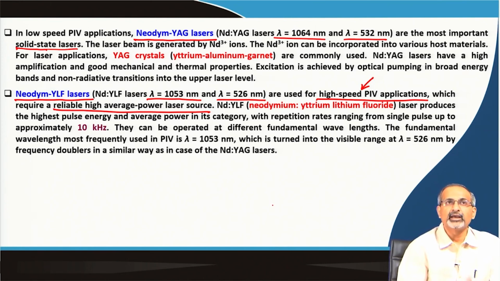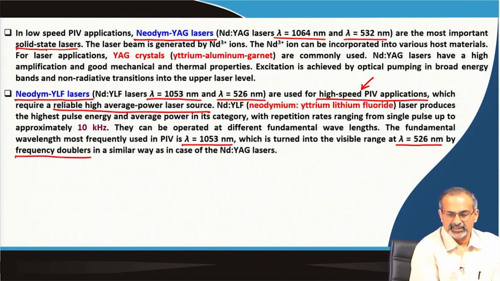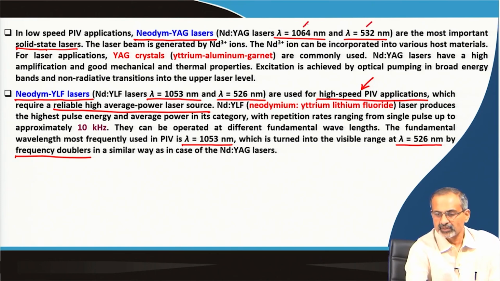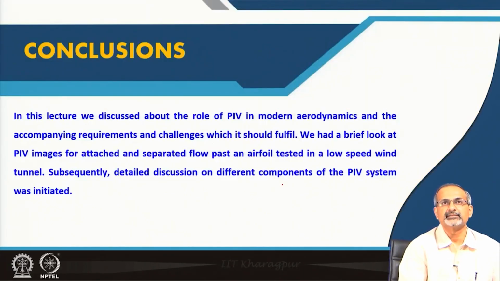Therefore, the rates are way higher than what you can normally see from Nd YAG lasers. They can be operated at different fundamental wavelengths. The fundamental wavelength most frequently used is 1053 nanometers, which is turned into the visible range at 526 nanometers by frequency doublers. The same principle is used even in Nd YAG lasers, where you can have 1064 and 532 nanometers. So, this was a brief about lasers that are used for PIV applications.